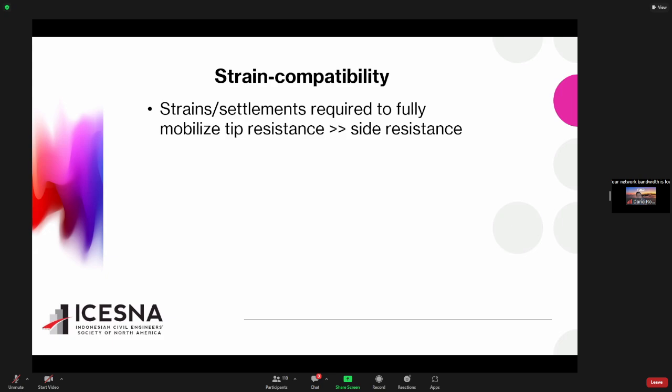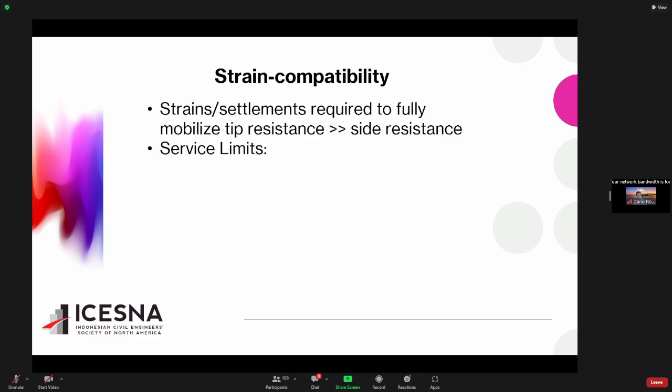In order to get full tip resistance, the pile has to move maybe 5%, even sometimes 10% of the pile diameter, whereas for side friction, it takes just a little bit of movement to get the full side resistance. So there's this issue of strain compatibility because they don't occur at the same strain level. You need to be careful, you cannot just combine them because most of the time they will not occur at the same time.